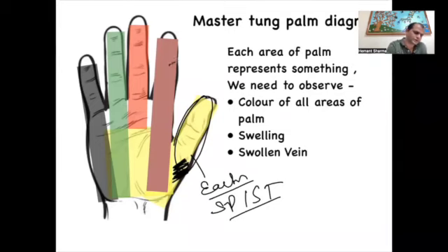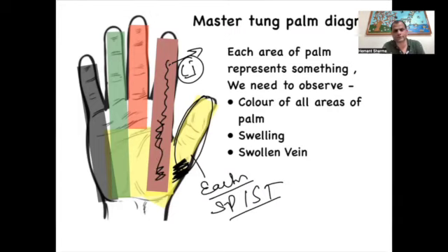In the same way, the index finger is connected with the metal element or the large intestine. So any discoloration, blue veins, red veins, black spots represent the large intestine or the metal element.